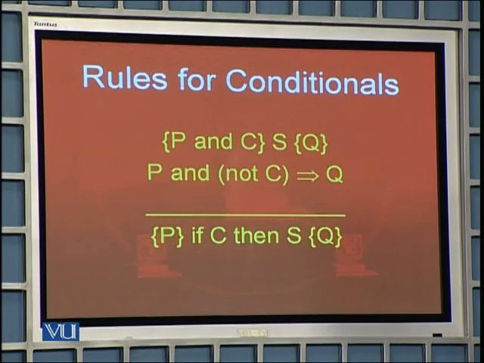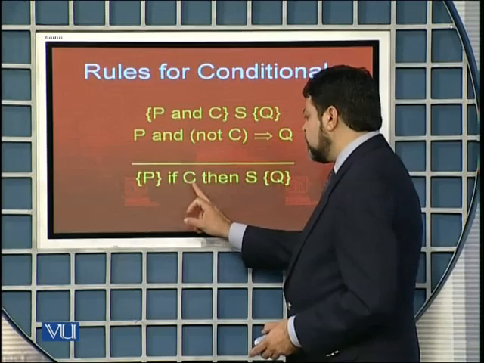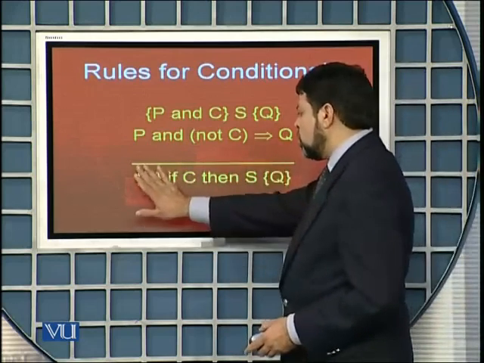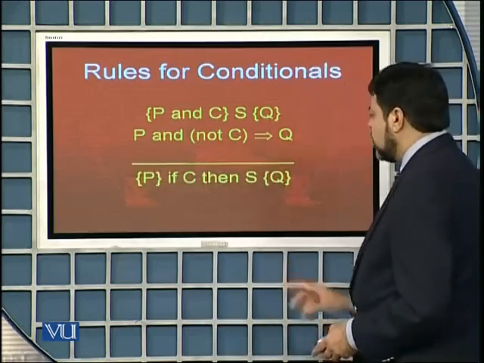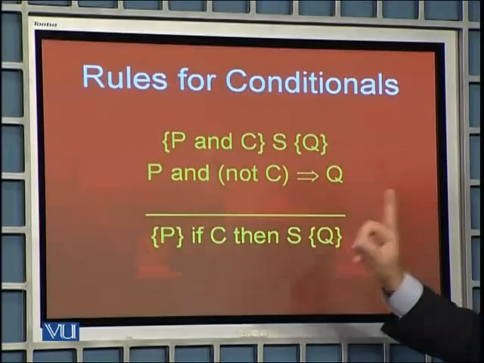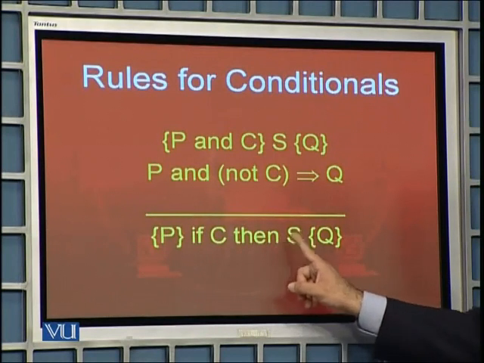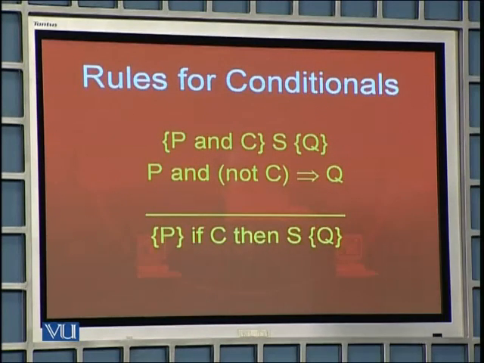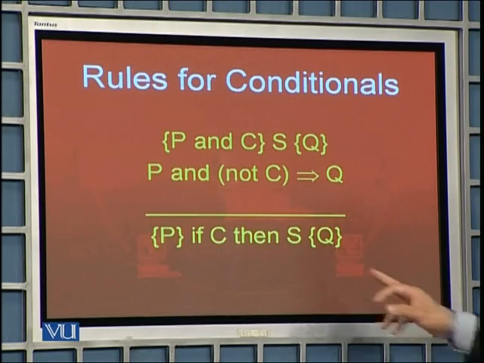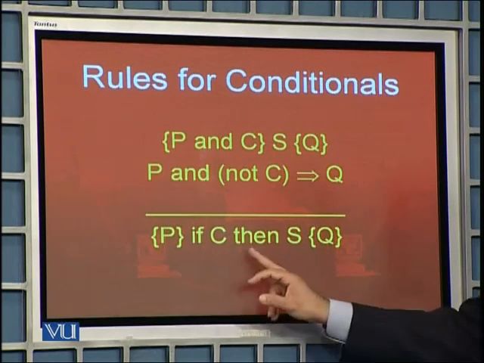Here we have a simple conditional statement which says if C then S. For now we forget about the pre and post condition. This is our precondition, this is our post condition. Let us only look at this statement in which there is no else part. If this condition C is true, then we execute this statement S. Now, like any statement, this is a statement of a computer program.